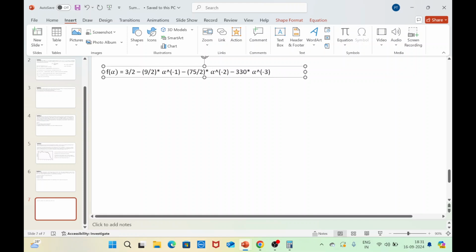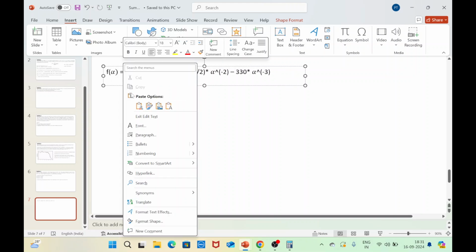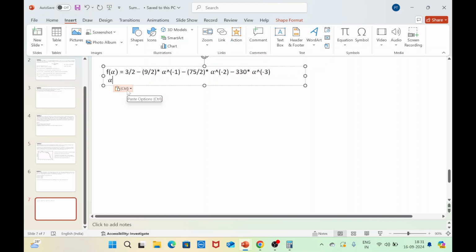So this alpha is nothing but your kappa RS value.